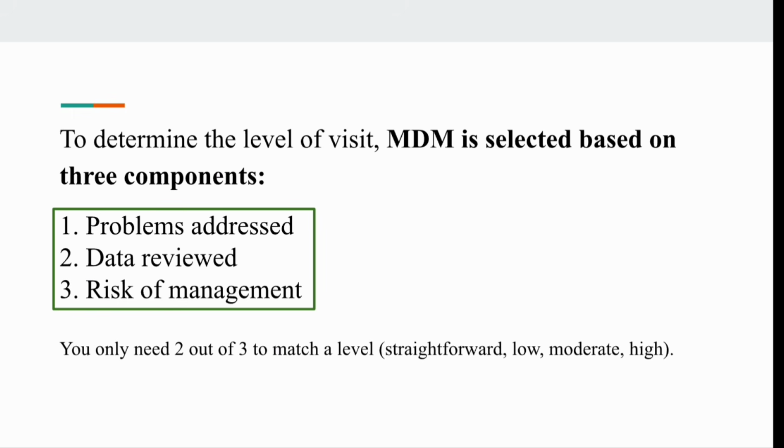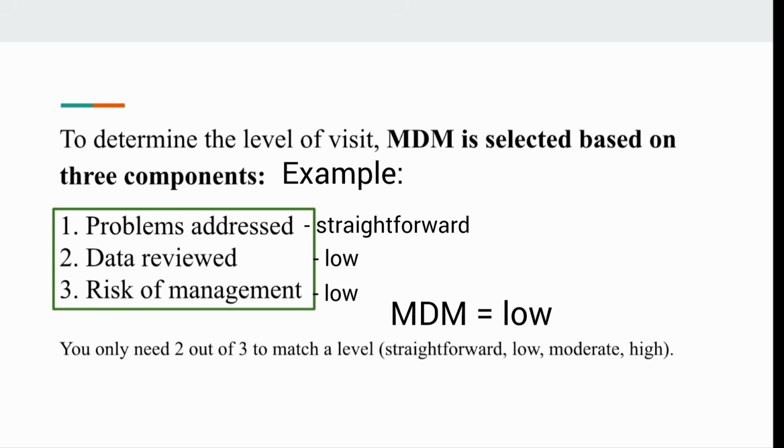For example, if the problems addressed is straightforward, if the data reviewed is low, and if the risk of management is also low, then we will bill low MDM. Because these two things, that is data reviewed and risk of management, are both low.